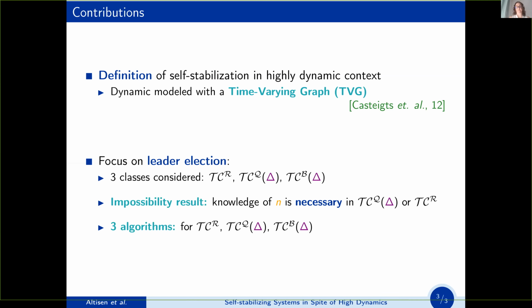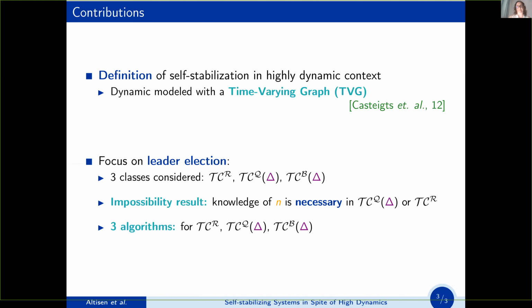We considered three different classes of time-varying graphs. Those classes are defined according to the notion of connectivity over time. So one process can send a message to another with a path that exists somewhere along the execution.